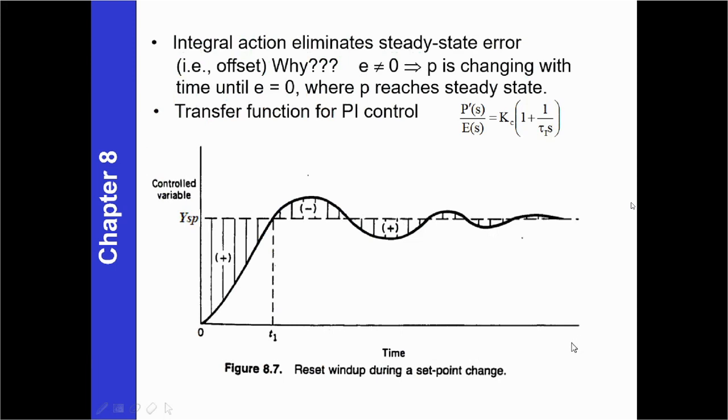So in this case, you can say that integral action eliminates steady state error. But the question will be why? If you look at this graph, the set point as a function of time, when you apply proportional and integral control, where the control function now becomes P'(s)/E(s) = Kc times (1 + 1/(τI s)), you can see that over time the control variable will be near to the set point.